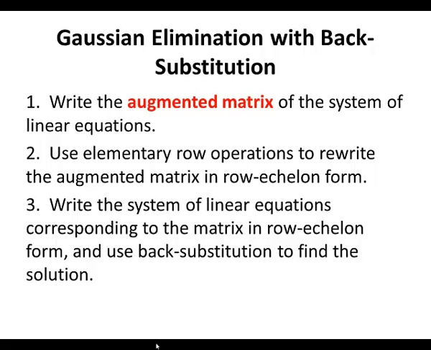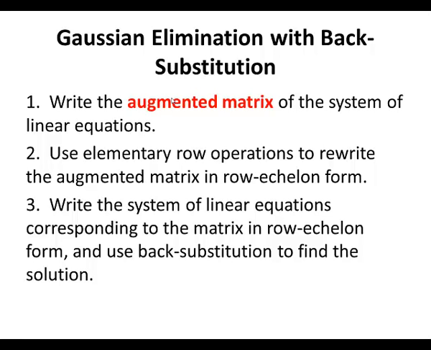How do we proceed with the Gaussian elimination? First of all, we write the augmented matrix of the system of linear equations. Again, I'll show you how this is done in lecture 5. Secondly, we use elementary row operations to rewrite the augmented matrix in row echelon form.